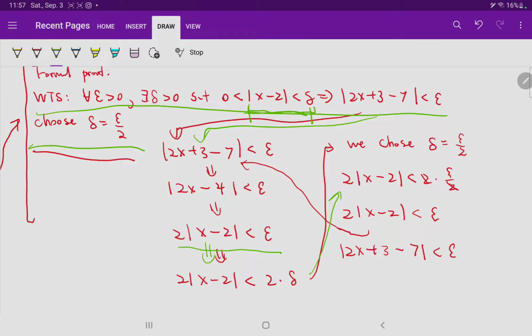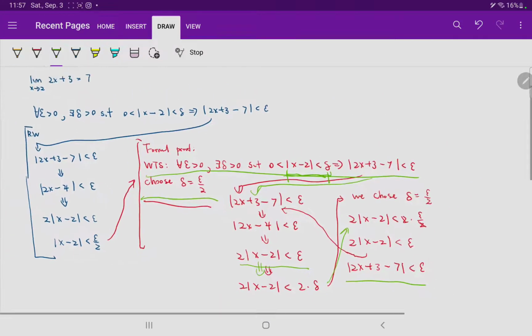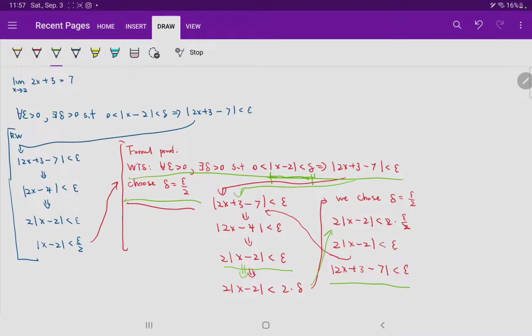So we used our assumption to reach the conclusion that 2x plus 3 minus 7 is indeed smaller than epsilon when we have our assumption that the absolute value of x minus 2 is smaller than delta. So we have successfully proven this limit by using the formal definition of a limit.